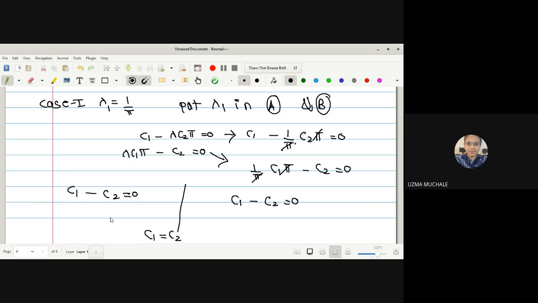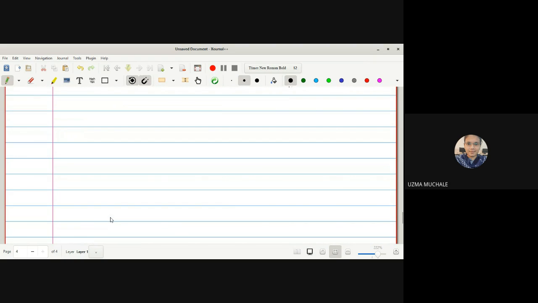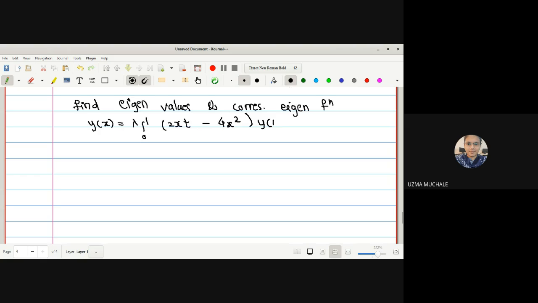C1 is equal to minus C2. Okay, try to solve it here only and tell me the values of lambda.